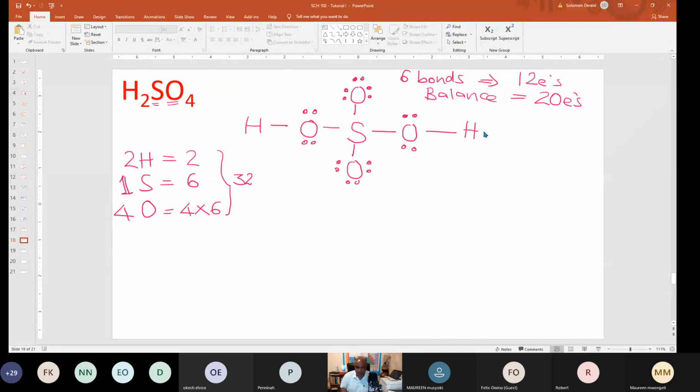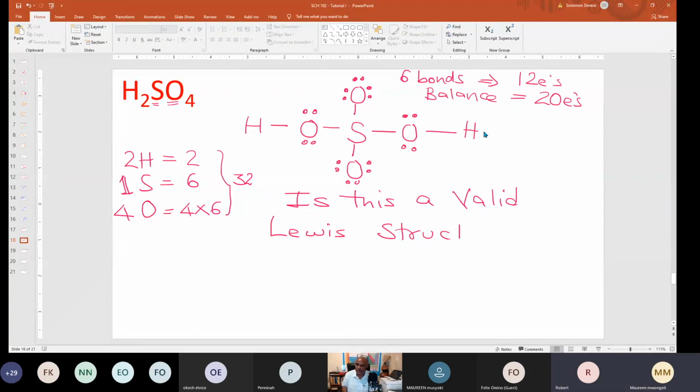No. Why? Because we have not followed the octet rule. Sulfuric acid can also form resonance. Is this a valid Lewis structure for H2SO4?